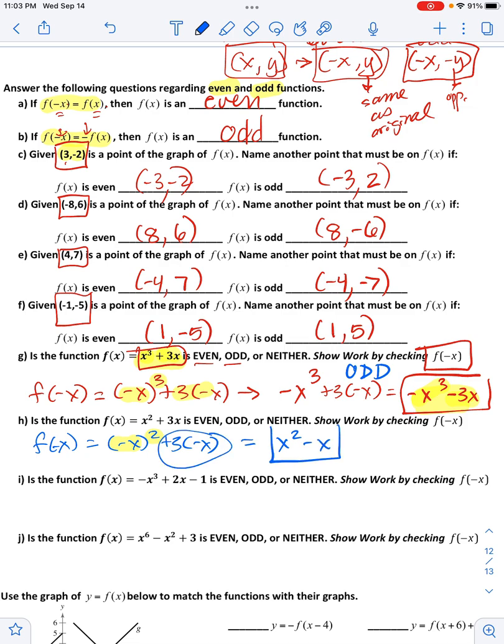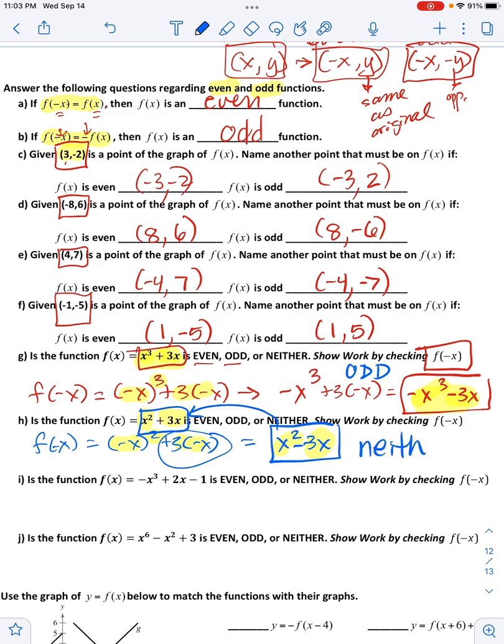So once I'm done, I compare back to what I started with. My x squareds stayed positive, and my 3x part, that was originally a positive, and now it's negative. So in this problem, one of them changed signs and one of them stayed the same. So that's going to make it neither.